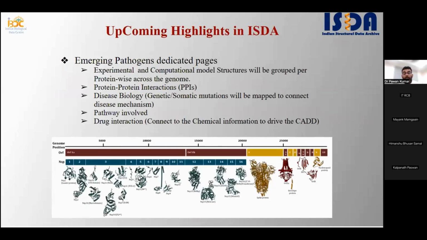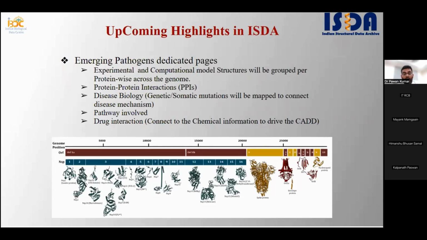Now, apart from this, we are also adding more information about emerging pathogen dedicated pages, in which we will group experimental and computational model structures at the protein-wise level across the genome, like we have done for COVID-19.